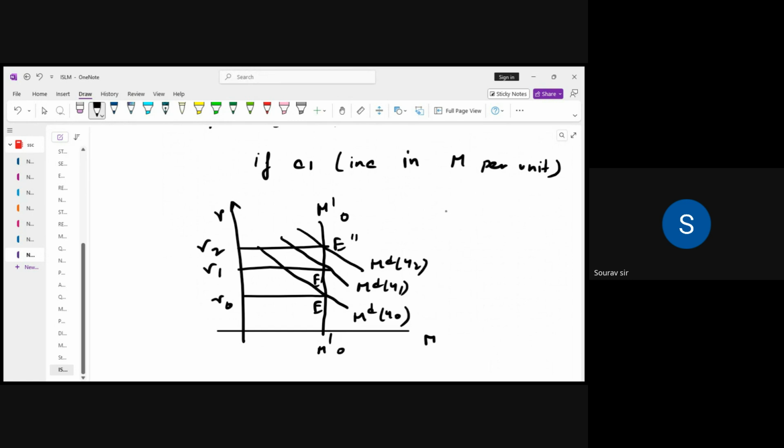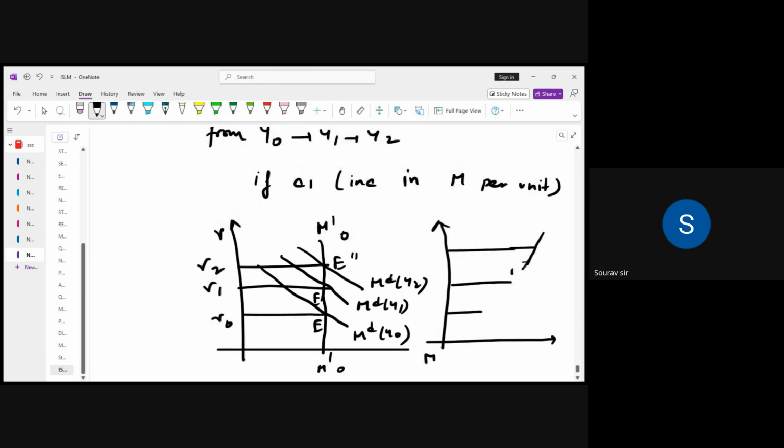And you have another diagram, from this you determine the LM curve, correct? So R0, R1, R2, and this one is E0. So here we get Y, Y1.